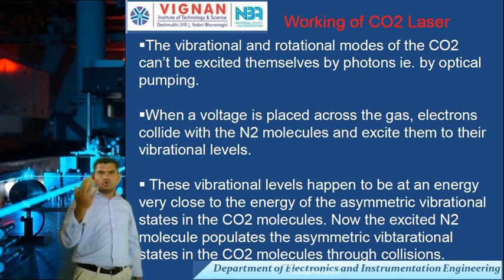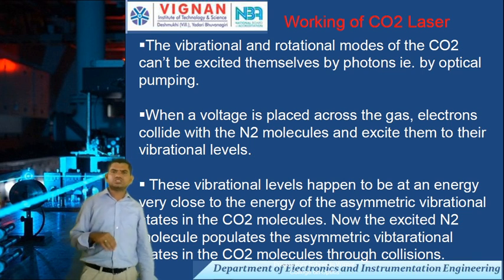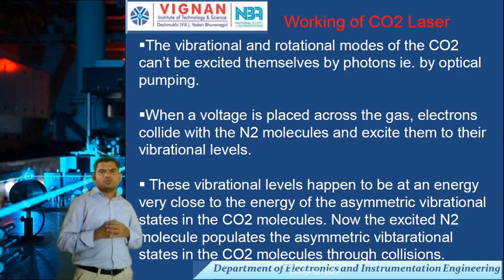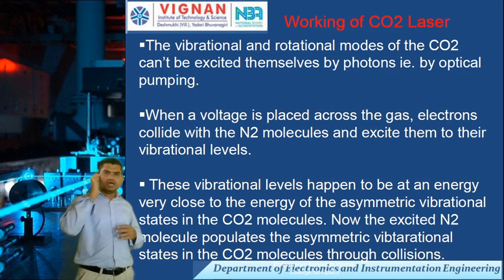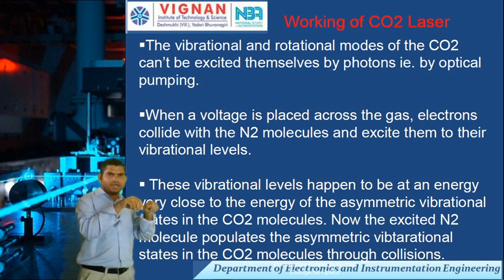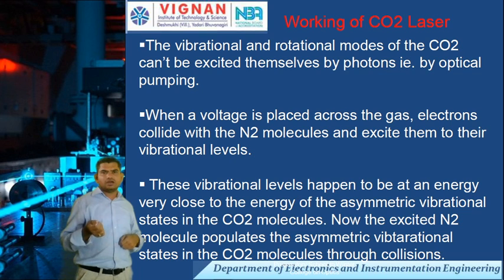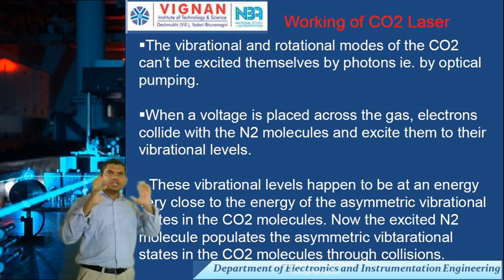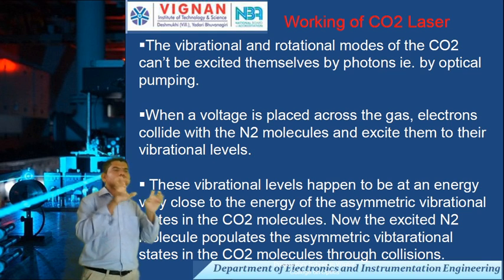When a voltage is applied across the gas, electrons collide with the nitrogen molecules and excite them to their vibrational levels. When there is vibration, only then do we get some output.